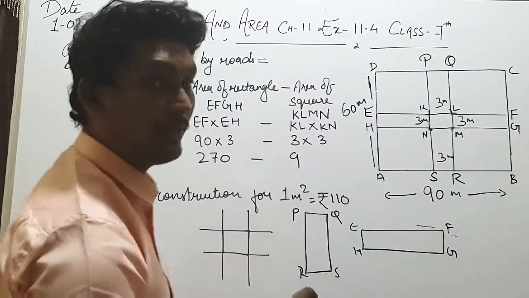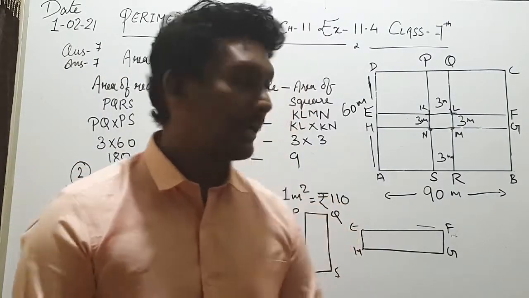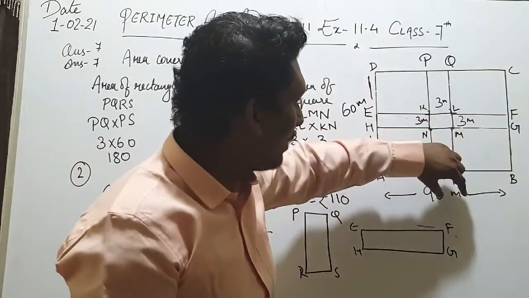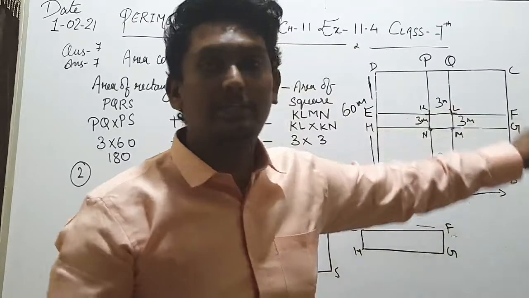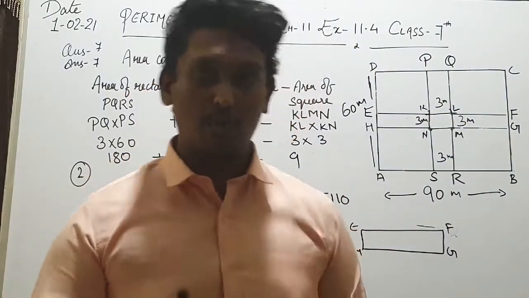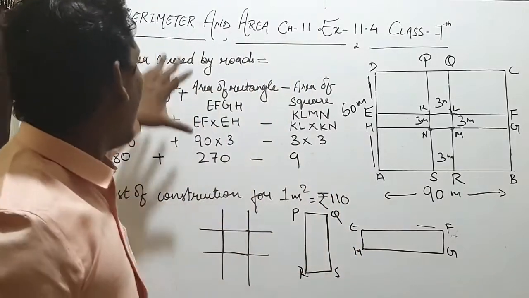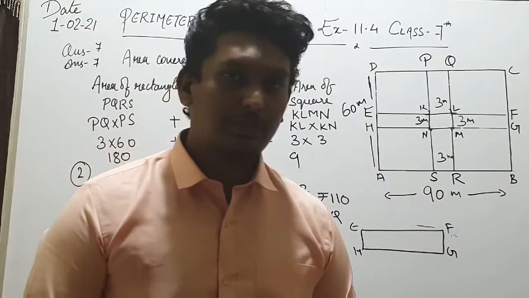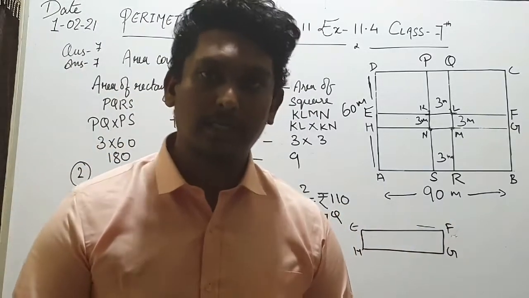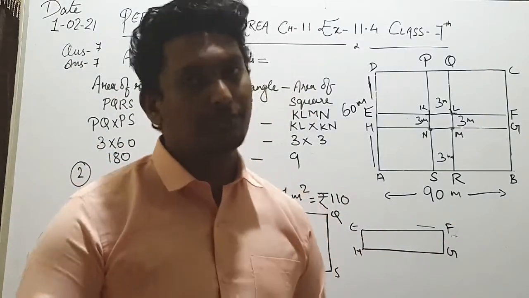That is why we are reducing the area of the square, so that we can get the area of PQRS and the area of EFGH. So this question is homework for you. Hope it is clear to you. Almost everything I have done, you just have to solve it and multiply the cost with it. Just go through it.